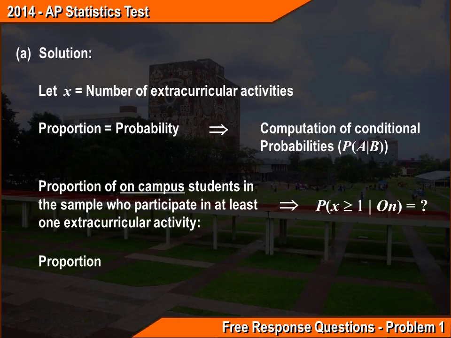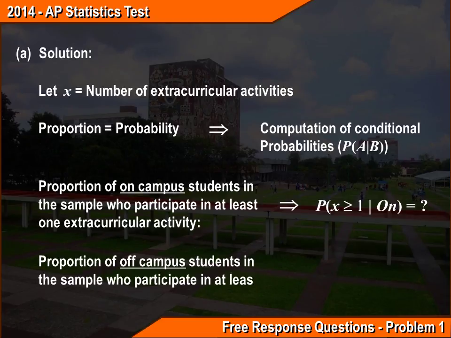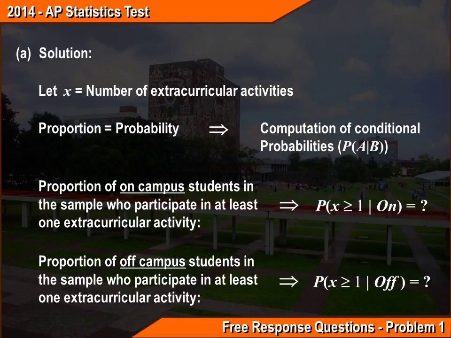The proportion of off-campus students in the sample who participate in at least one extracurricular activity is going to be the conditional probability of the variable x more or equal than 1 given that the students live off campus.